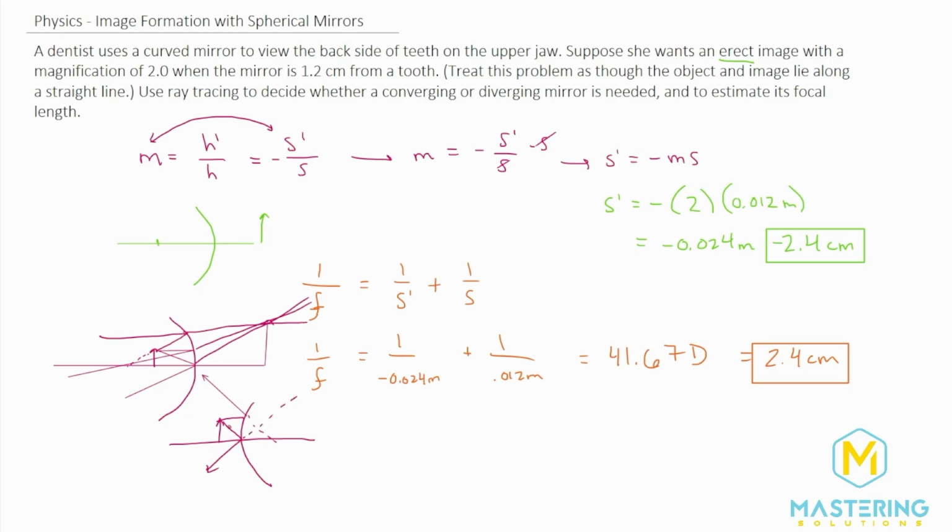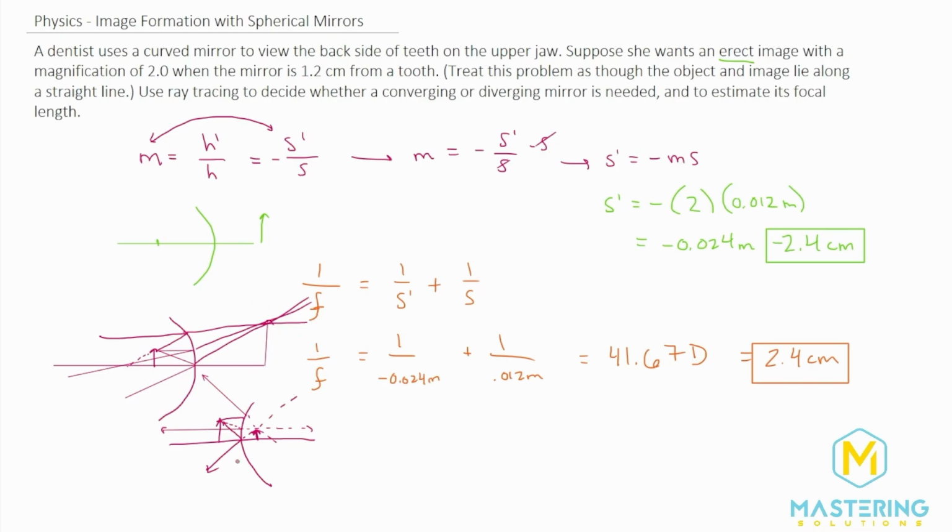Then we would have one straight through the focal point, and it would come out parallel like this. This is the ray tracing for a diverging mirror, but we get a minified image. Since we want a magnified, erect image, we know that it has to be a concave mirror with the object inside the focal point.